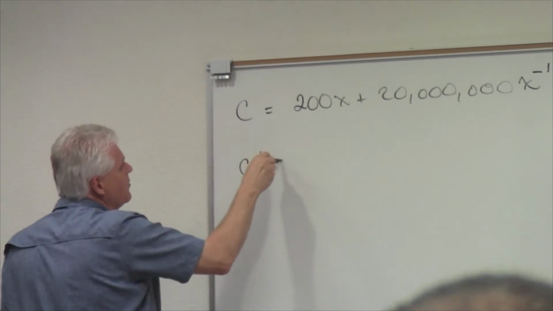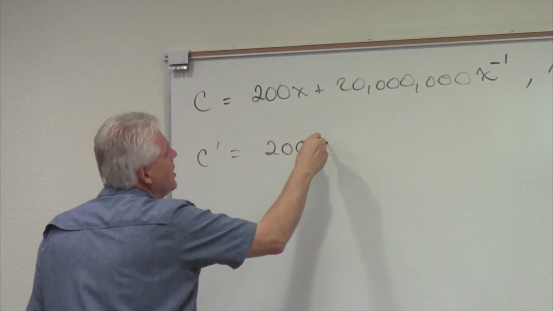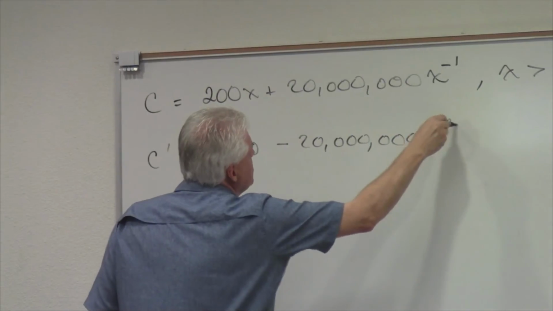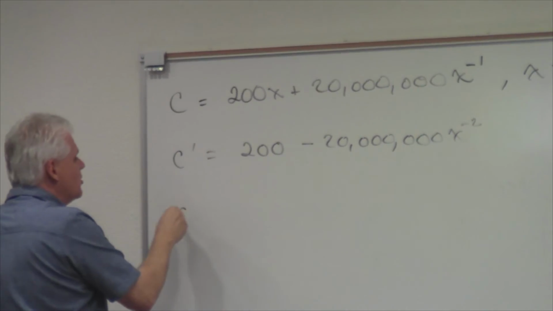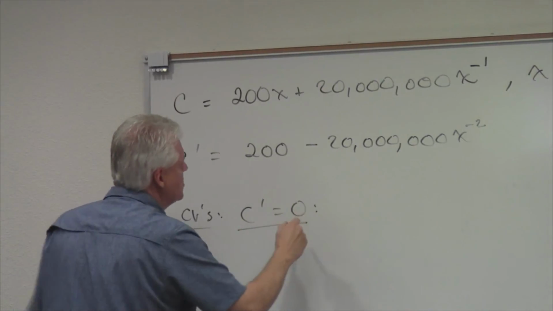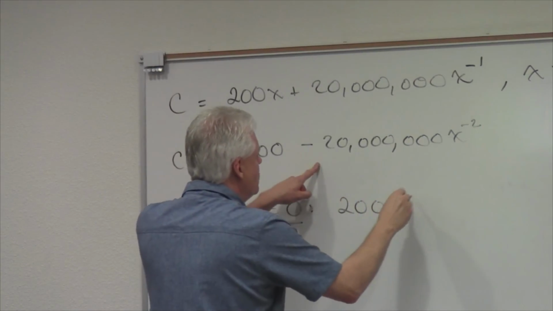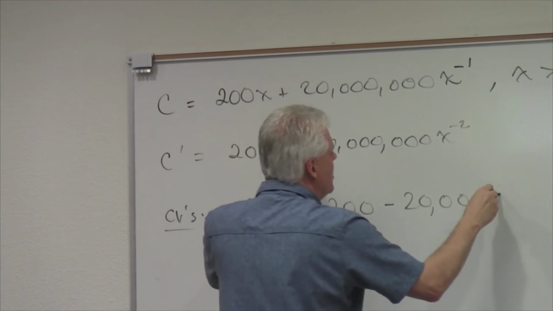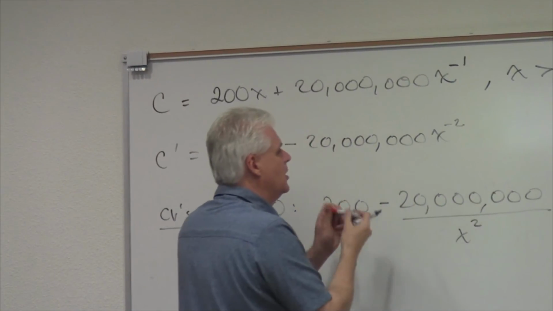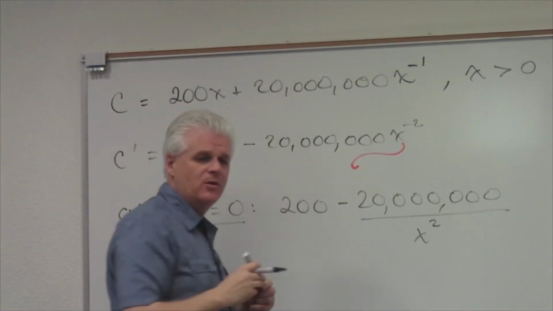Okay, so derivative, it's an easy one. It's 200 minus 20 million x to the negative 2. Critical values, you'd set C prime to be 0, so you'd set this formula to be 0. By the way, I'll change it back to a fraction at this point. I'll restore this to the denominator.